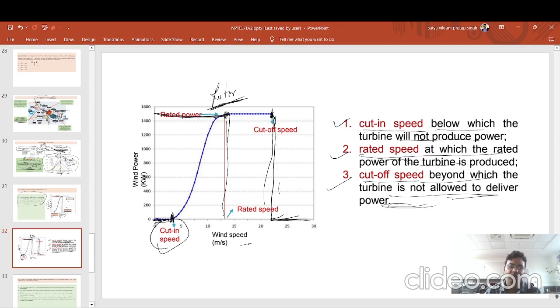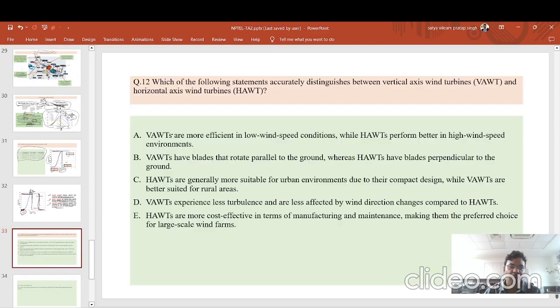then no power generation. And here comes the concept of the vertical axis wind turbine and the horizontal axis wind turbine. Vertical axis, horizontal axis, so you can see two types of windmills are possible. That is the 3 blade system, which is perpendicular to the earth surface.